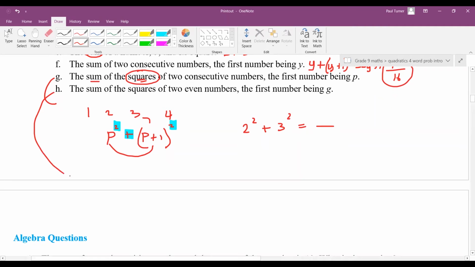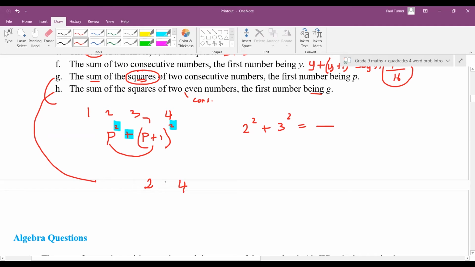In H, the sum of the squares of two even numbers, the first being G. So now we have, these should be consecutive as well. I should have written consecutive here. So if your first number is 2, your first even number, the next one would be 4, wouldn't it?